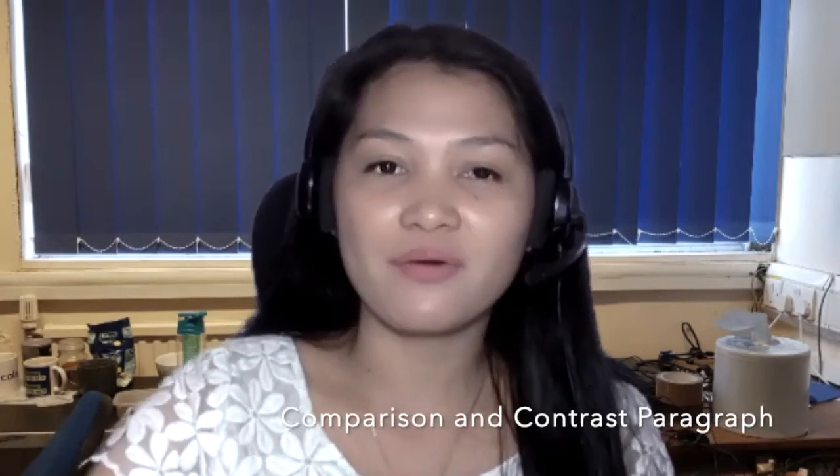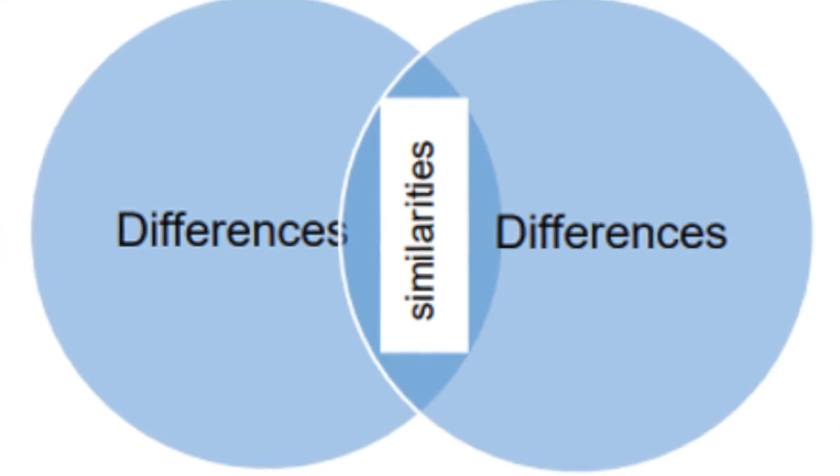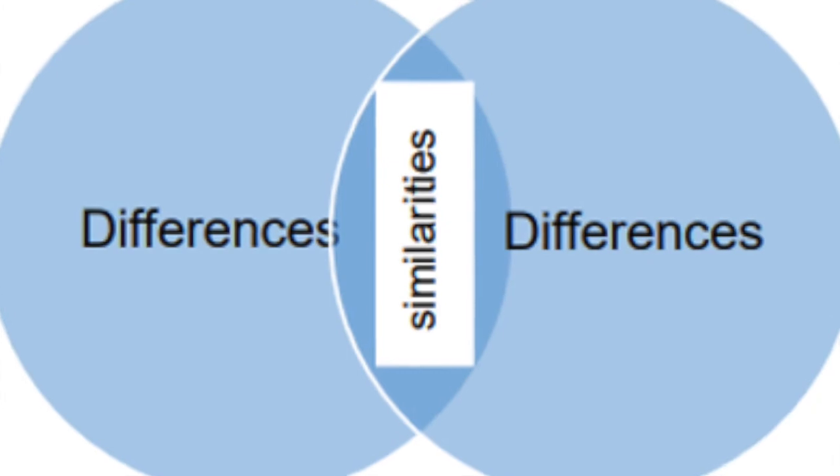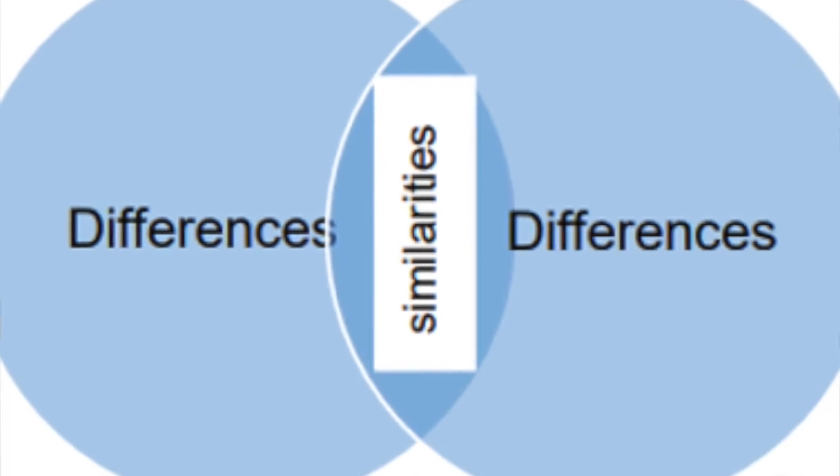Okay, next, let's have comparison and contrast paragraph. Comparing how things are the same or different. That's what you call comparison and contrast paragraph, okay? So what you do, you provide the differences, the similarities of the things, okay?